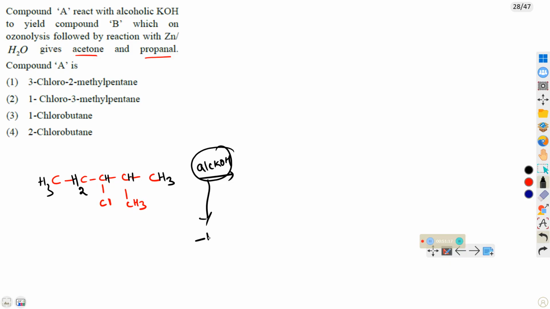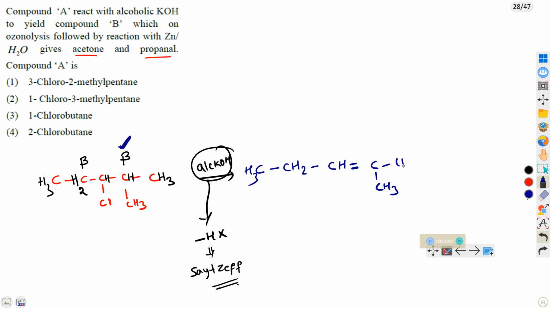Dehydrohalogenation takes place. It gives the major product, the Saytzeff product. Remove a hydrogen atom from the beta carbon which contains fewer hydrogens. Then the product is CH3, CH2, CH, double bond, C(CH3), CH3.